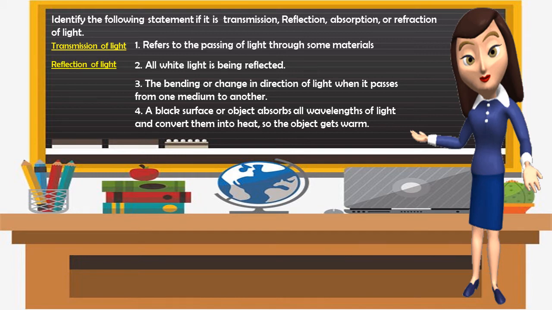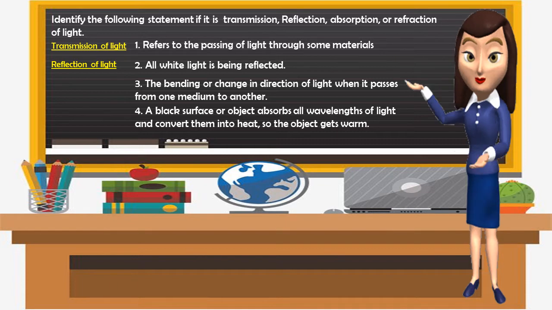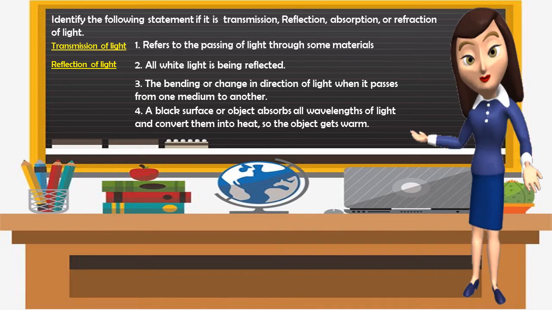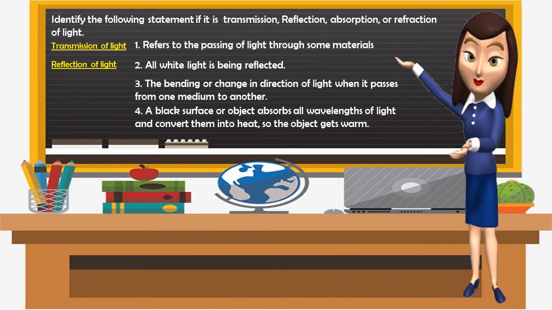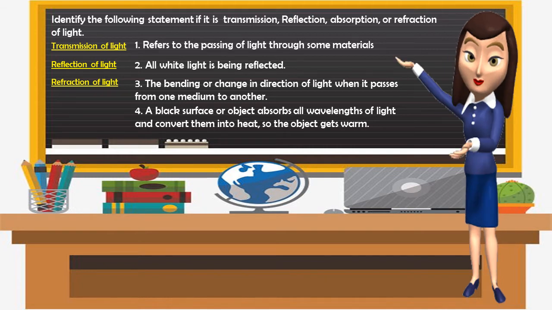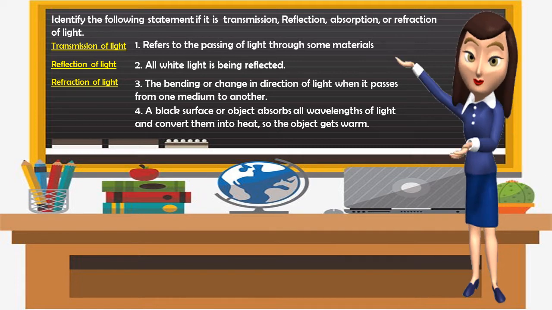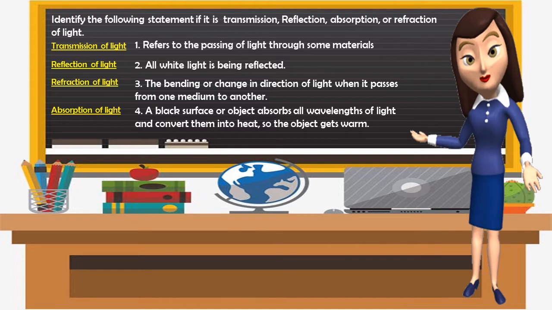It is reflection of light. Number 3. The bending or change in direction of light when it passes from one medium to another. Very good. It is refraction of light. Number 4. A black surface or object absorbs all wavelengths of light and converts them into heat, so the object gets warm. Very good. It is absorption of light.